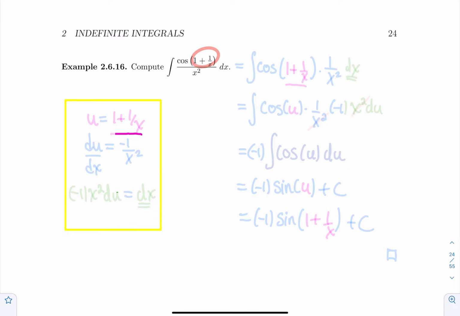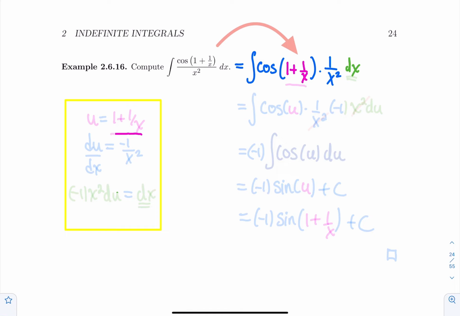And maybe just to see it clearly, this integral is the same as the integral of cos of 1 plus 1 over x times 1 over x squared dx. And here, this helps to build the intuition that the inside of cosine, its derivative is out there next to dx up to a multiple.